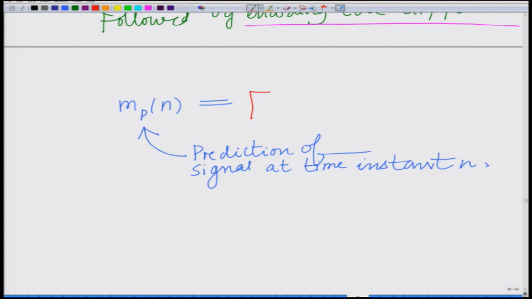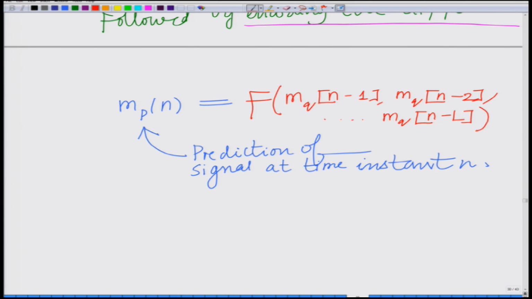This is obtained as f of MQ n minus 1, MQ n minus 2, and so on up to MQ n minus L.